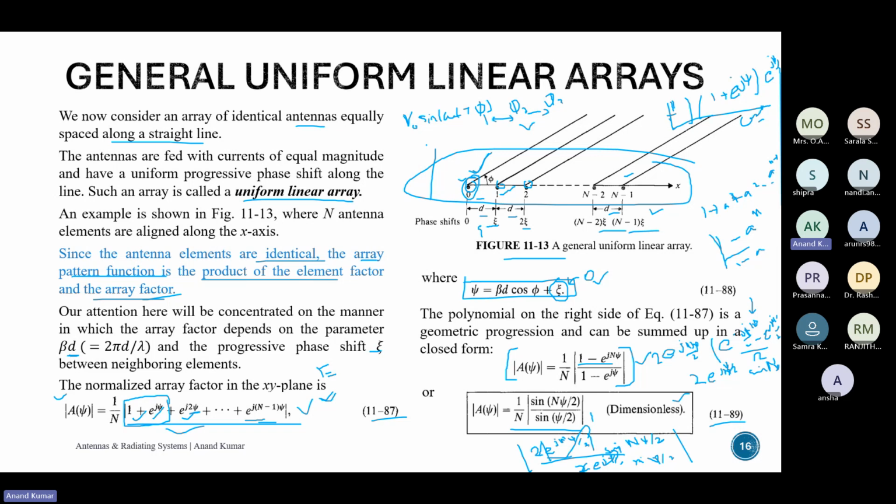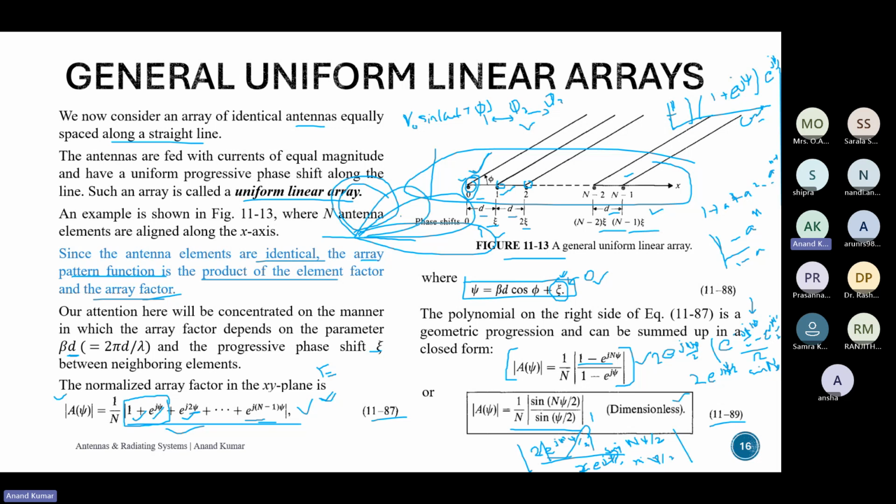For example, if the array is arranged like this and you want broadside radiation, xi equal to 0 will give you broadside radiation, and for some other value it will give you end fire radiation. If you use different values, it will probably give you radiation in some other directions as well.